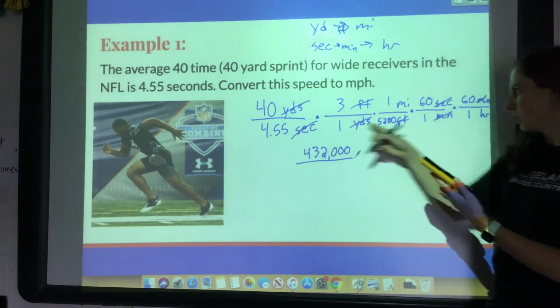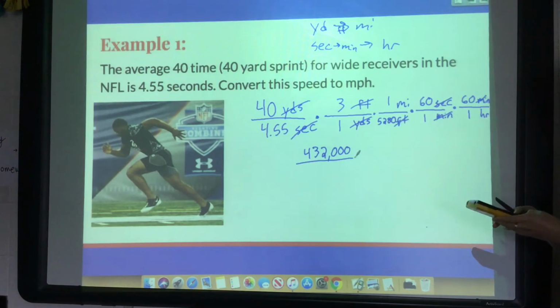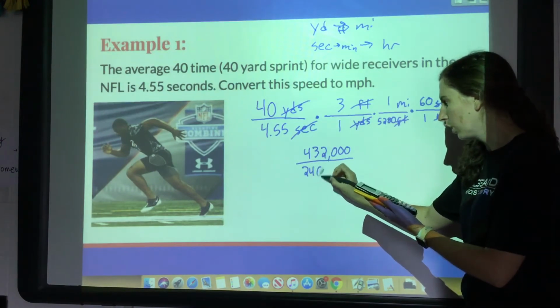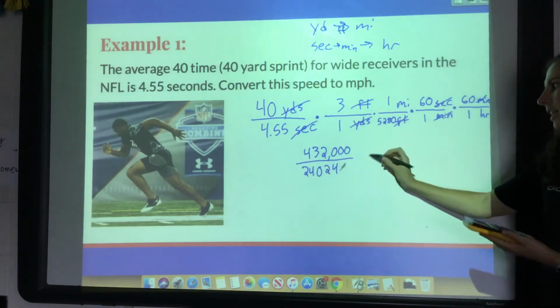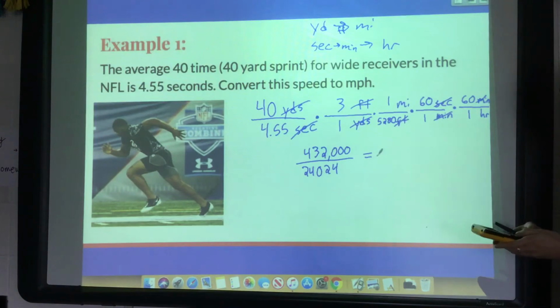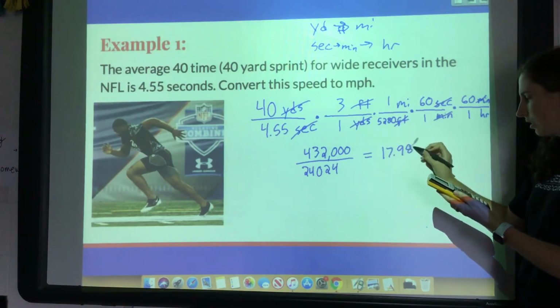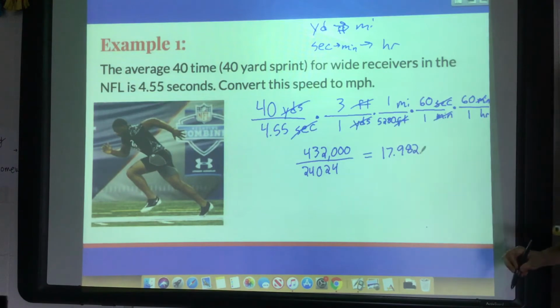On the bottom, just multiply across, and you get 24024, and then divide them. So we get 17.982 approximately.